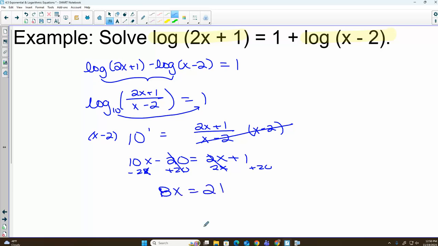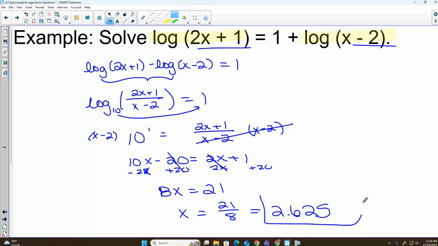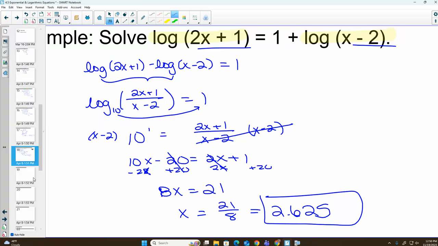So 8x equals 21, so x is 21 over 8. Okay, if I plug that in, times 2 plus 1 is positive, minus 2 is positive. So that one works.